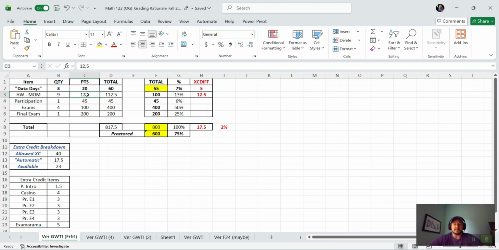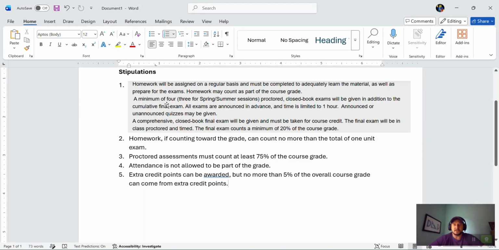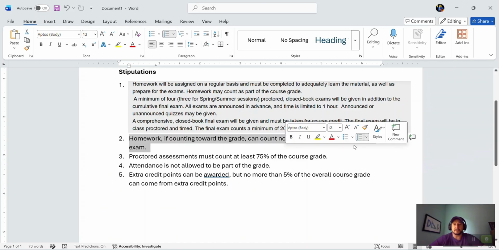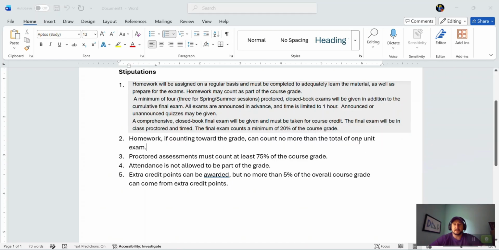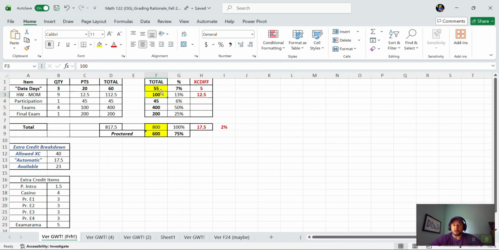If you multiply 9 times 12.5, you get 112.5. But again, I'm capping at 100. Now check this out. This does not violate this stipulation that homework cannot count more than the total of 1 unit exam. All right, so that's kind of my workaround to it.